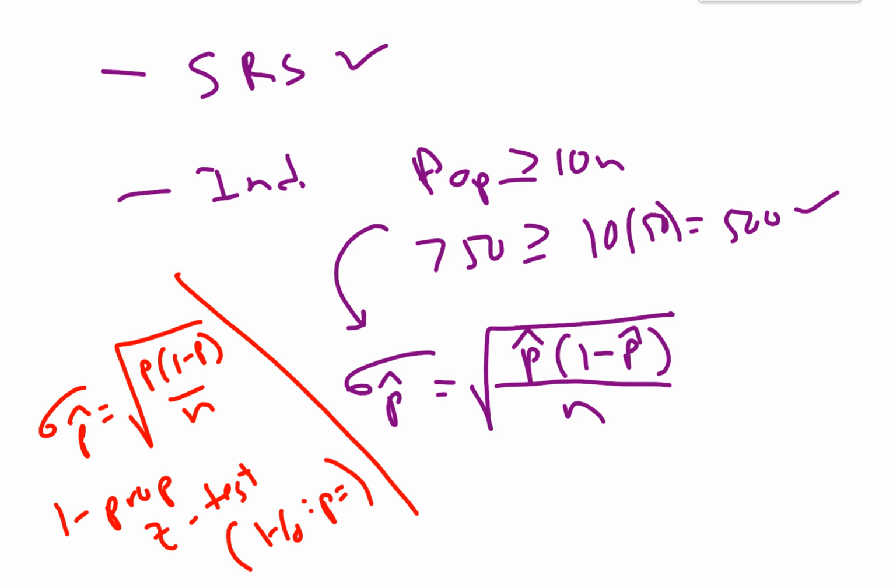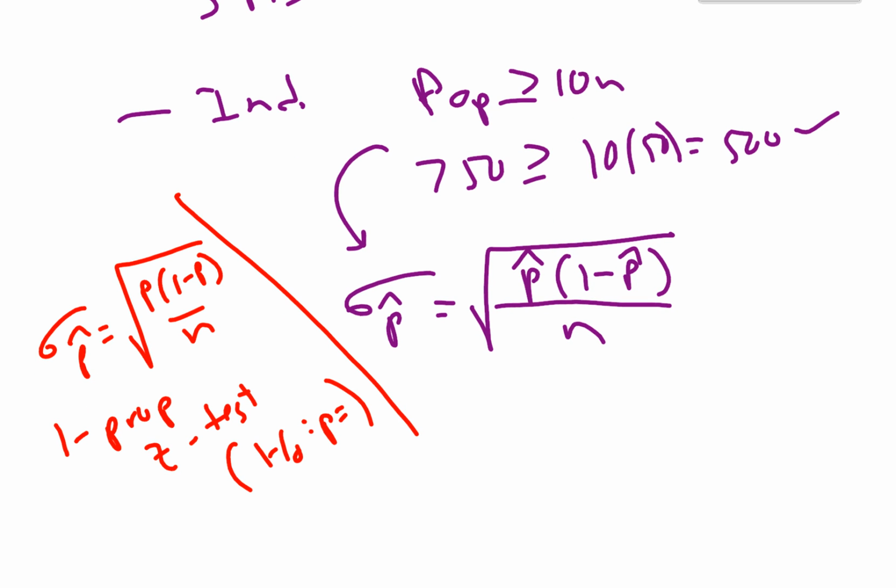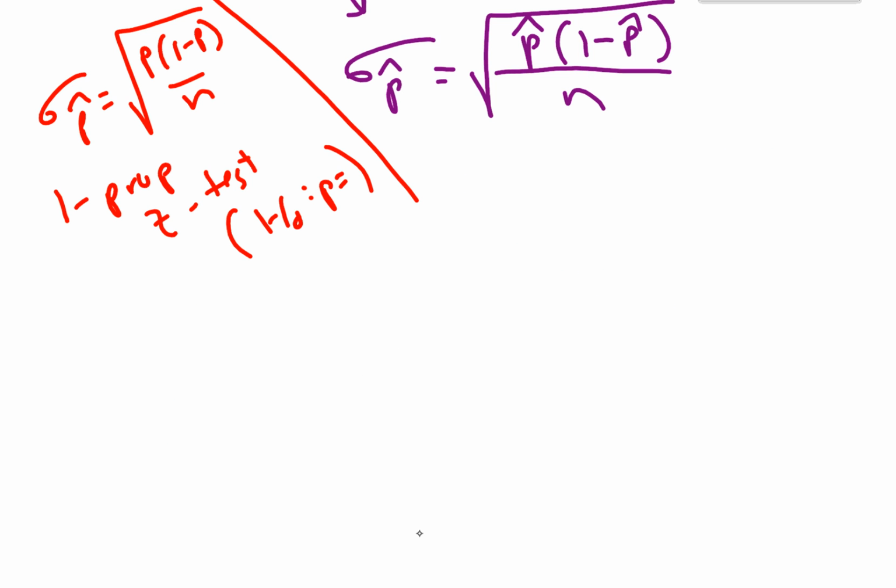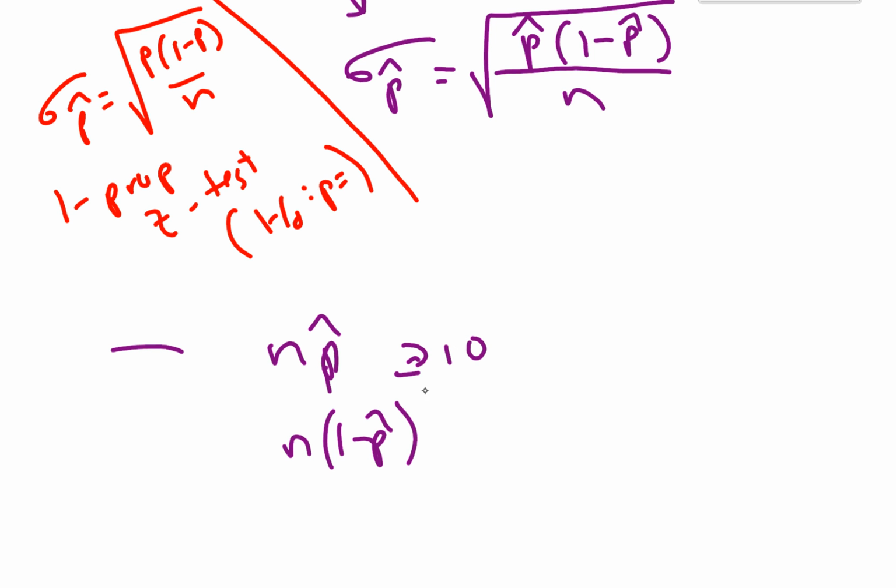Okay, and then finally, you're always supposed to check for normality somehow. So how do you do that in the case of a one proportion Z test or a one proportion Z interval? Well, you have to check that n times p hat and n times 1 minus p hat are both greater than or equal to 10. So in our case, we'd have 50 times the p hat, which is 0.72, which is 36.